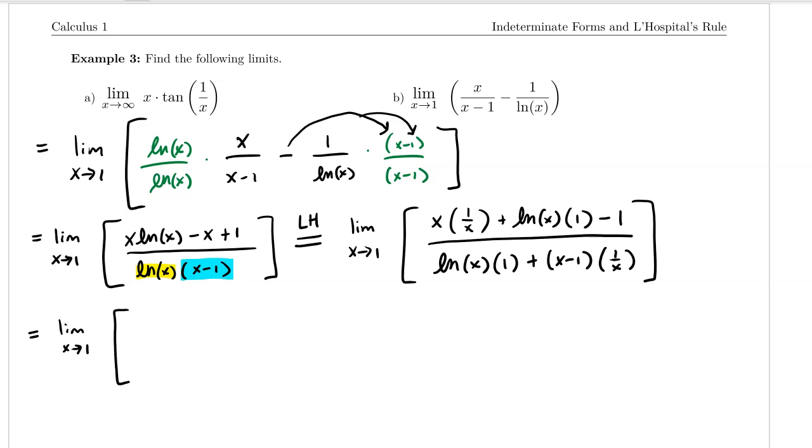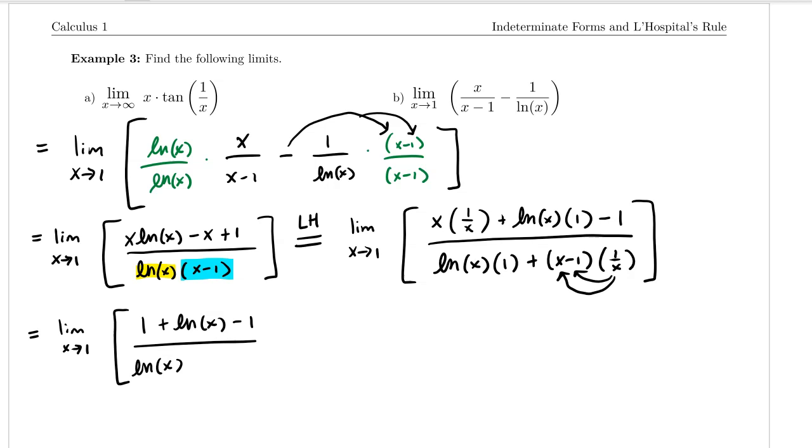Let's do some algebraic simplification. The x times 1 over x, that's going to become 1, plus the natural log of x minus 1 over the natural log of x, and I'm going to distribute 1 over x into both of these terms.